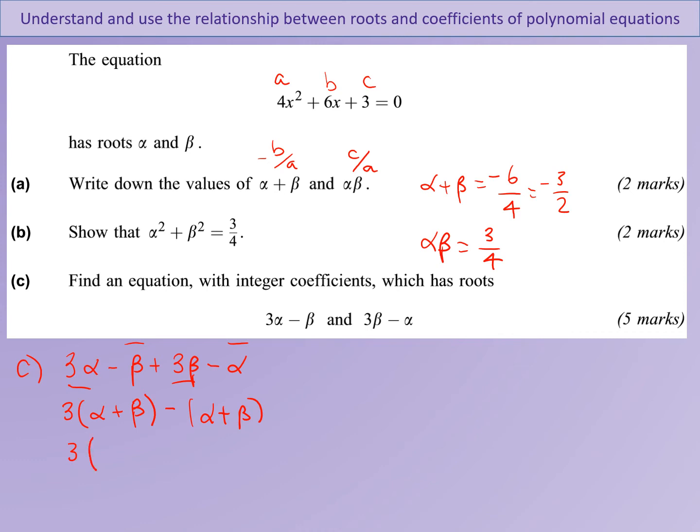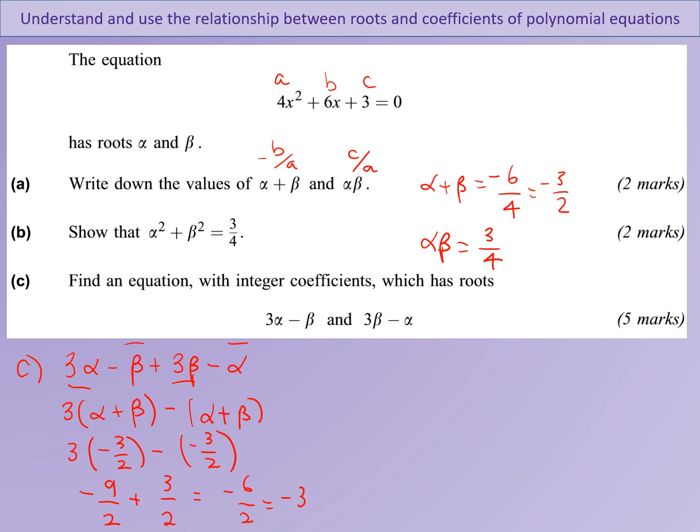So that gives me 3 lots of alpha plus beta, that's minus 3 over 2. Take away another lot of minus 3 over 2. So that will give me minus 9 over 2 plus 3 over 2, which is minus 6 over 2, or minus 3.